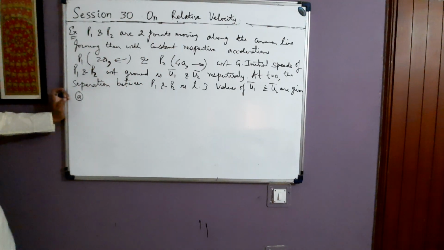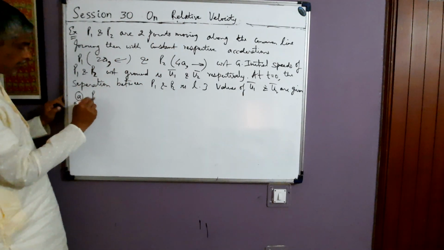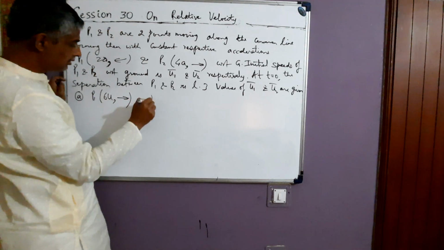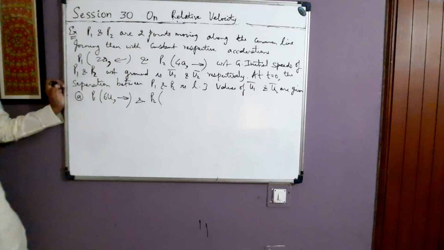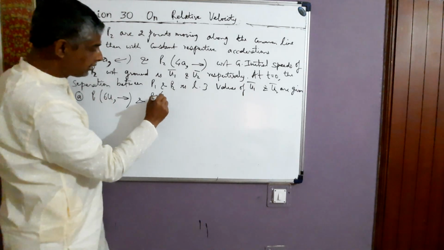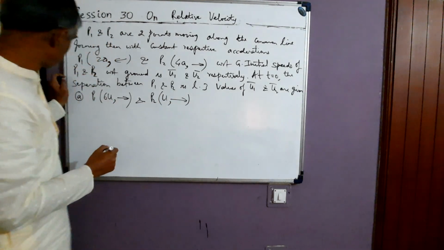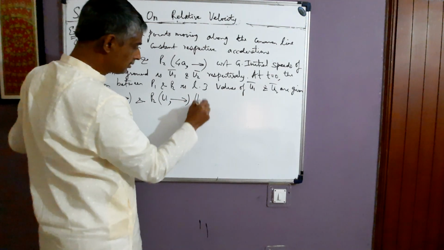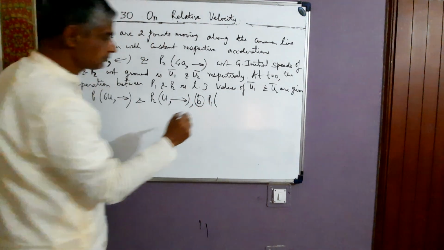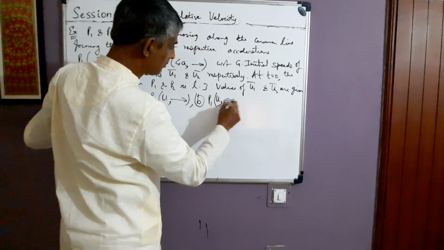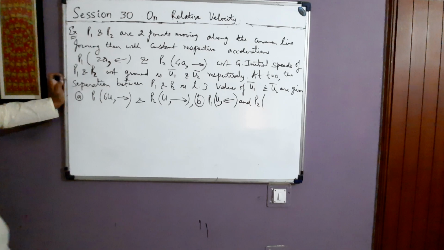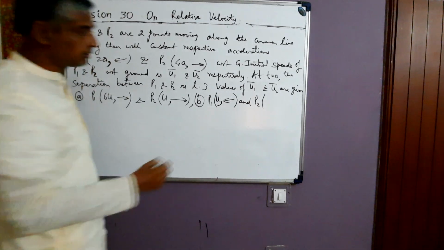First, P1 is 6U leftward and P2 is U rightward. Part B: P1 is U leftward and P2 is 5U leftward.